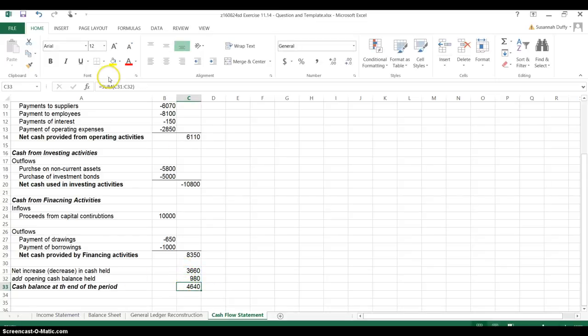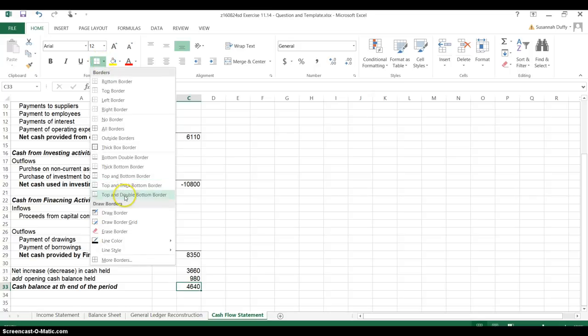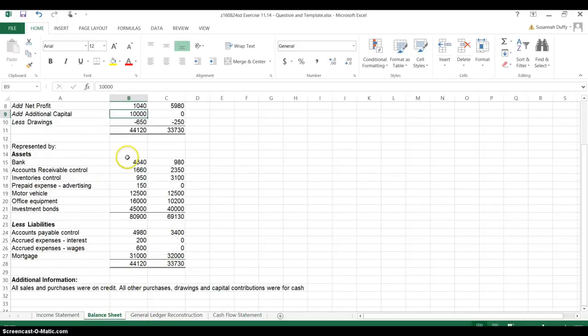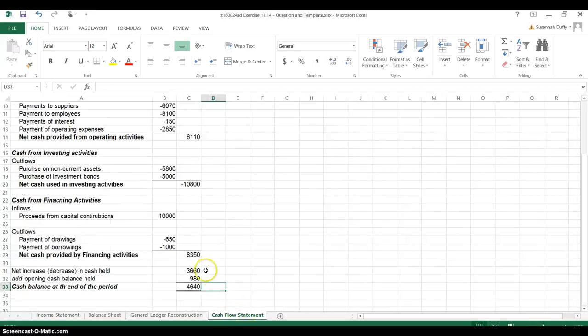So 4,640, and I like to put this top and double bottom border on there. Makes it nice and neat. If we go back to the balance sheet and we look at this year's bank balance, it's 4,640. They match, so that way we know that we're correct and we've accounted for everything that we need to cash-wise.